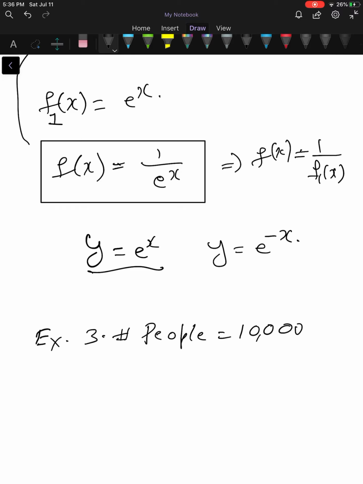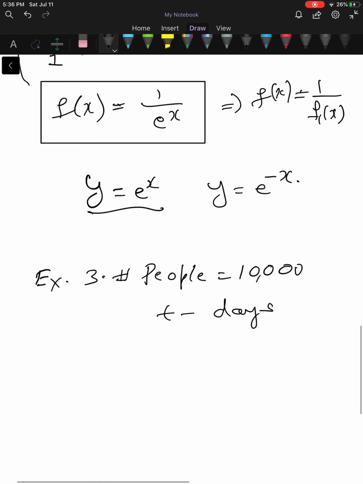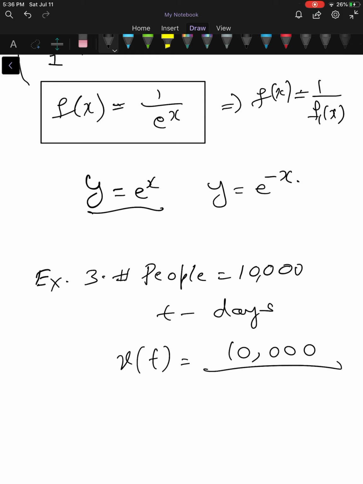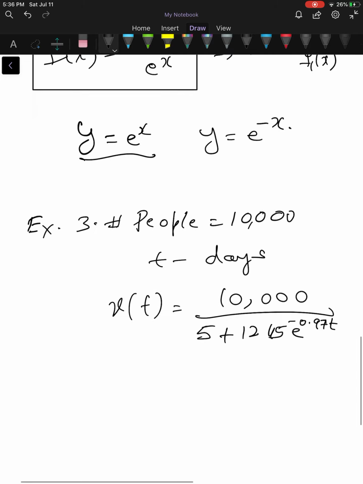After t days, the number of people who have succumbed to the virus is modeled by the function V of t equals 10,000 divided by 5 plus 1245 e to the power of negative 0.97 t.